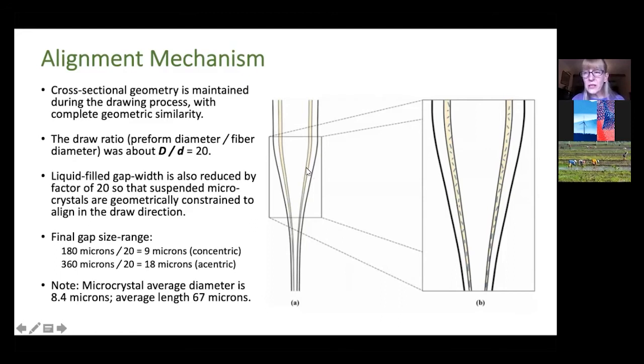The oil is clearly in the liquid phase. It allows the microcrystals to be free to orient themselves as they are geometrically constrained to do. But the polymer material itself is relatively firm because we are not raising the temperature of the polymer well above its glass transition. So it's firm, and it's providing the geometric constraint for those nanocrystals to push up against, so that they, again, are constrained.